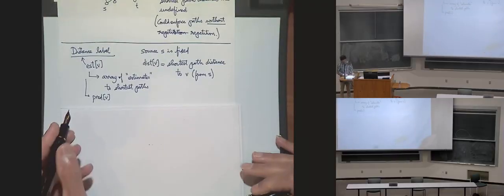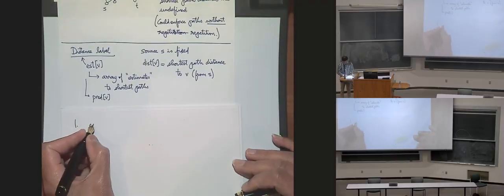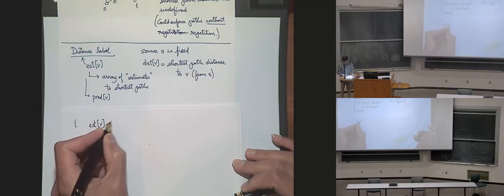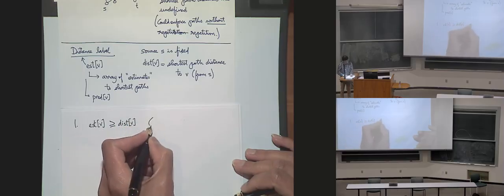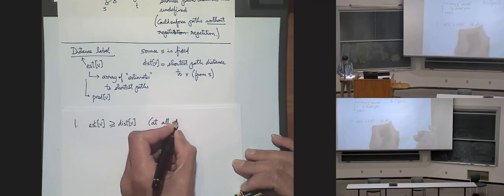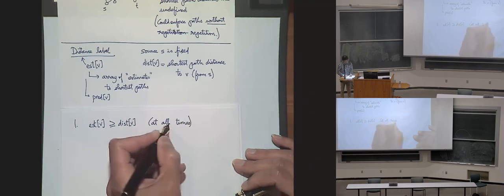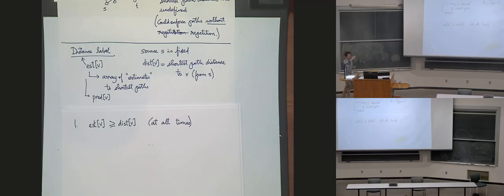So the main property is that est v is greater than or equal to dist v, at all times. So one way to think about this is your algorithm is maintaining this estimate, and the estimate is always an upper bound. Okay?